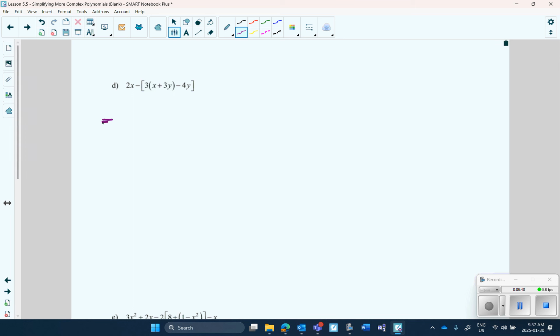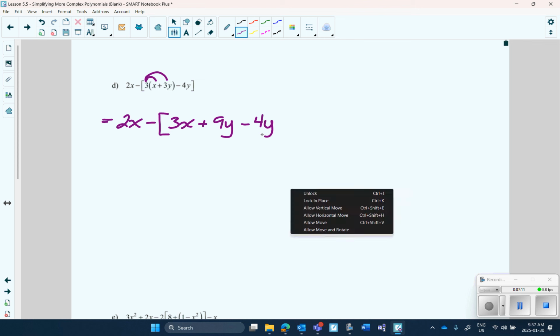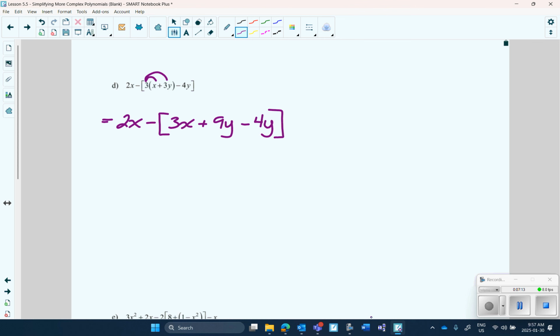So I'm not touching the 2x, I'm not touching the minus, I'm not touching the open bracket, but I'm removing these. What does it look like when I remove those? 3x plus 9y minus 4y. And now I write the rest of it with the closed bracket. Good. First step done.